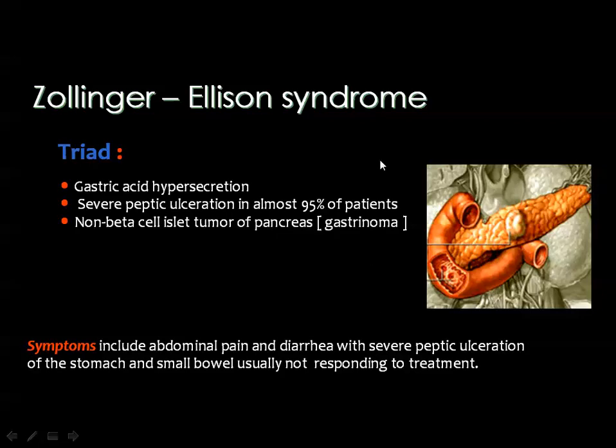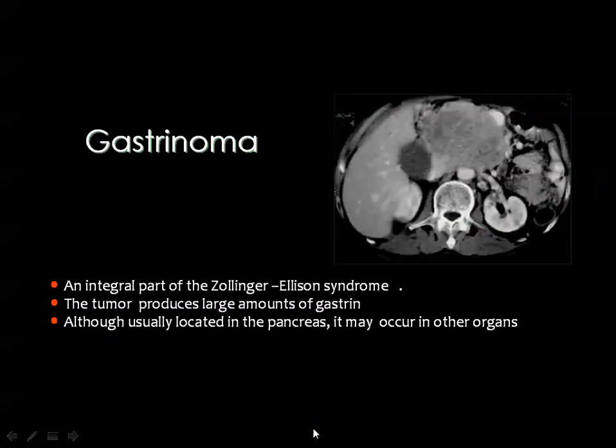You remember that Zollinger-Ellison syndrome is formed of a triad: gastric acid hypersecretion, severe peptic ulcerations in almost all cases, and the presence of a non-beta cell islet tumor of the pancreas, which is known as gastrinoma. This syndrome presents clinically with abdominal pain and diarrhea, and the severe type of peptic ulcerations, which are usually multiple and occurring at abnormal locations.